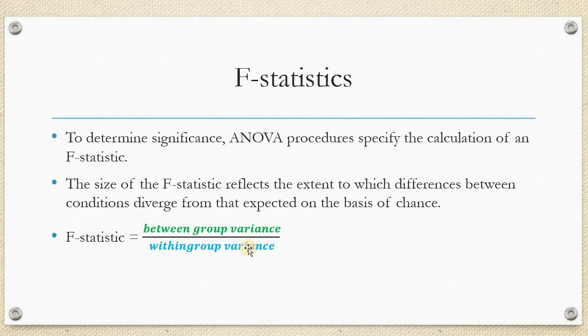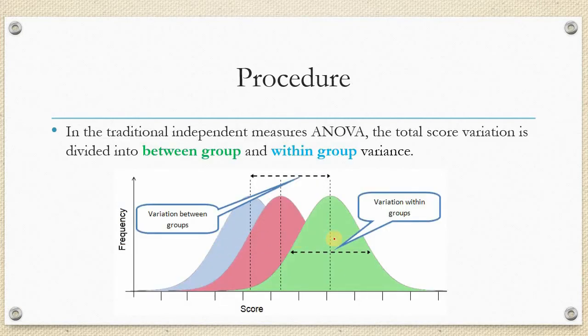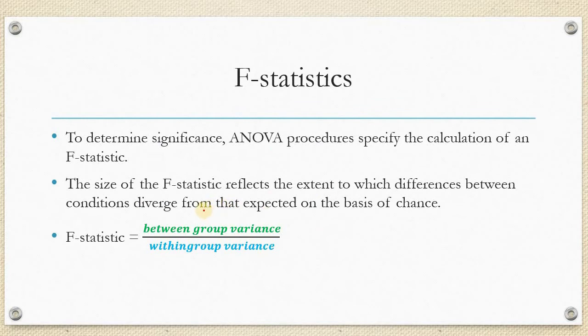So if you have three groups, like 1, 2 and 3, and you want to test whether your groups are significantly different or not, then if they are significantly different, obviously the variance between the groups will be higher than the variance within the groups. And if the total variance of the system is coming because of the within group variance, not the between group variance, then your F statistics will be lower, and you will say that these groups are not significantly different.